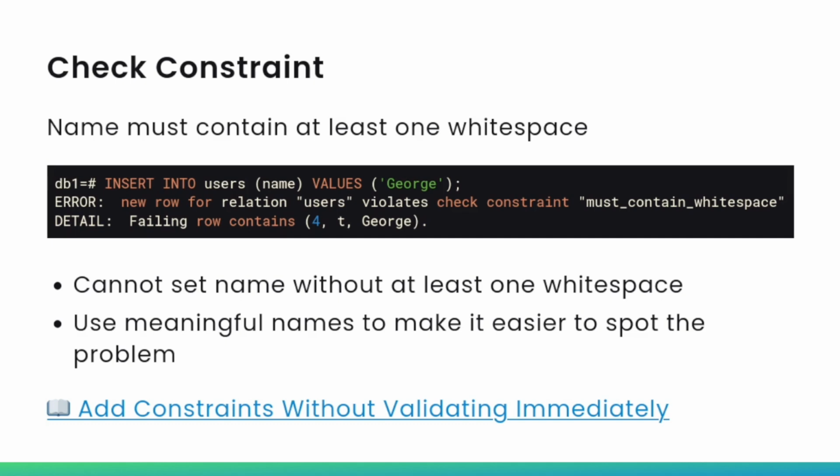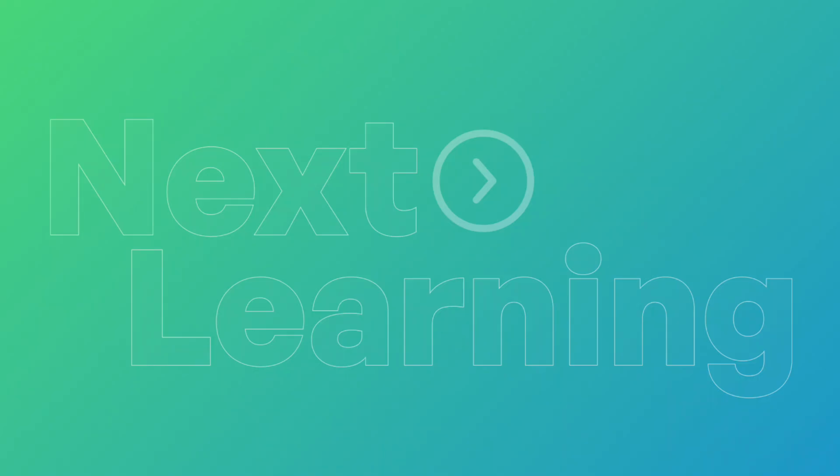Now, in this case, the name of the constraint is extremely important because Postgres doesn't really know which of the values caused this constraint violation. So the name of the constraint should be very, very descriptive, okay?